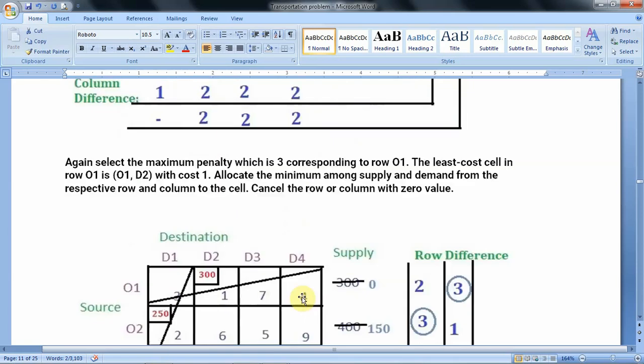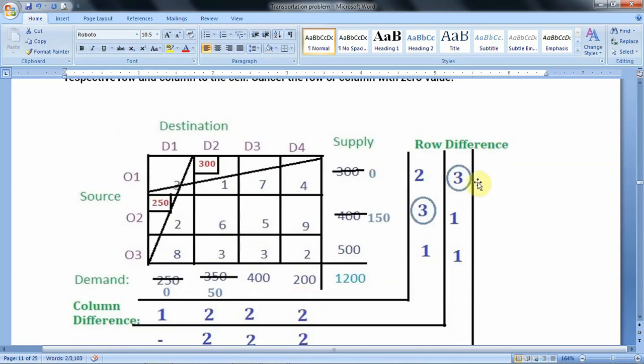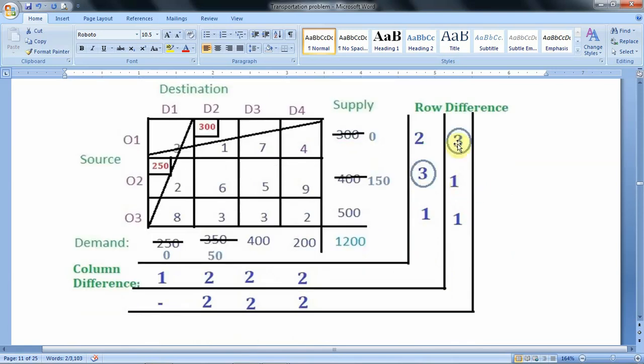Okay, now choose the highest penalty. In the row differences, the first row has the highest penalty, so choose that row. The least cost cell is O1 D2.